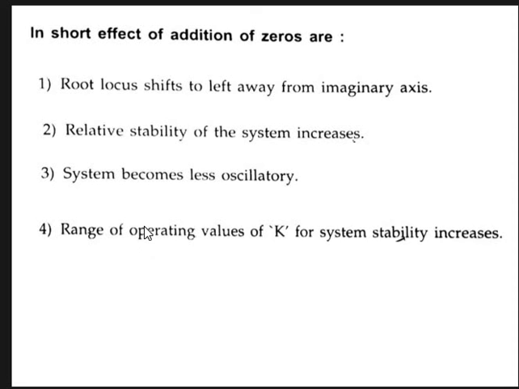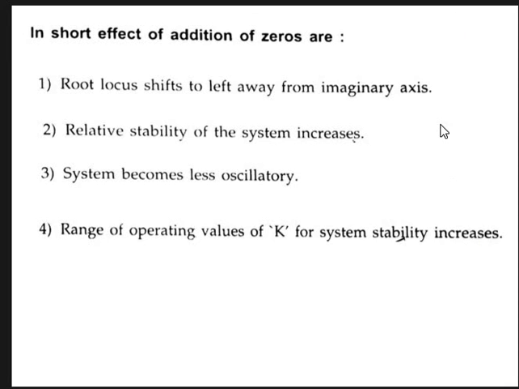Third, when we add poles, the system becomes more oscillatory. When we add zeros, the system becomes less oscillatory, quite opposite. Fourth, the range of operating values of k for system stability decreases when we add poles. When we add zeros, the range of k for system stability increases. So the four points are quite opposite when we add poles and zeros to the root locus.